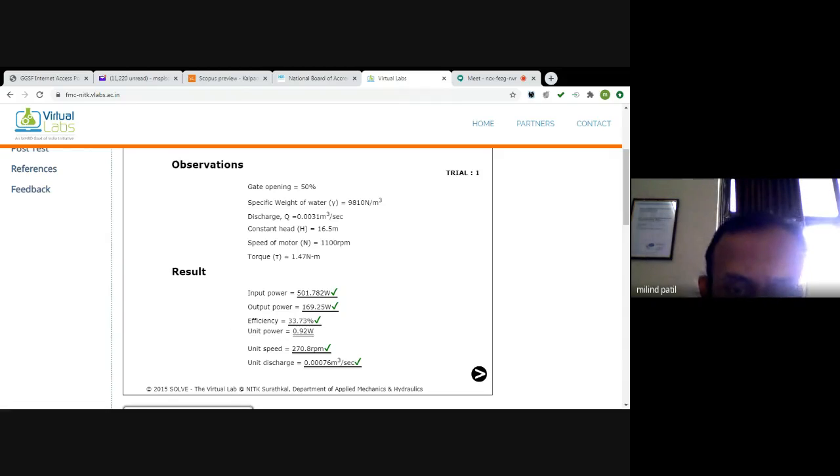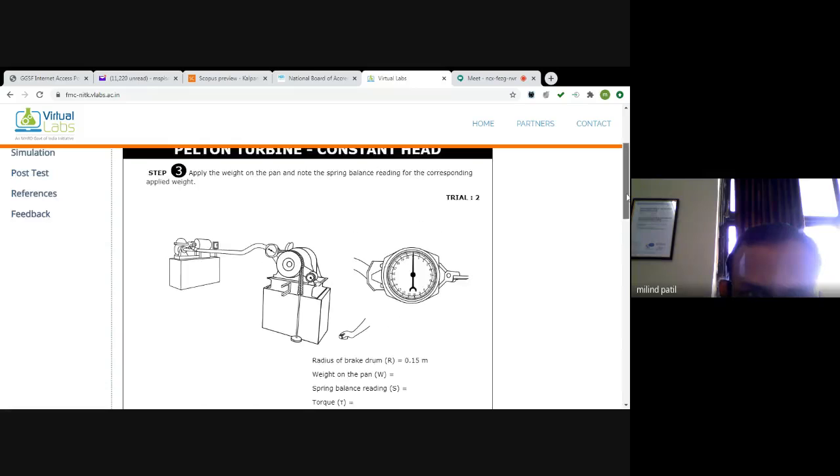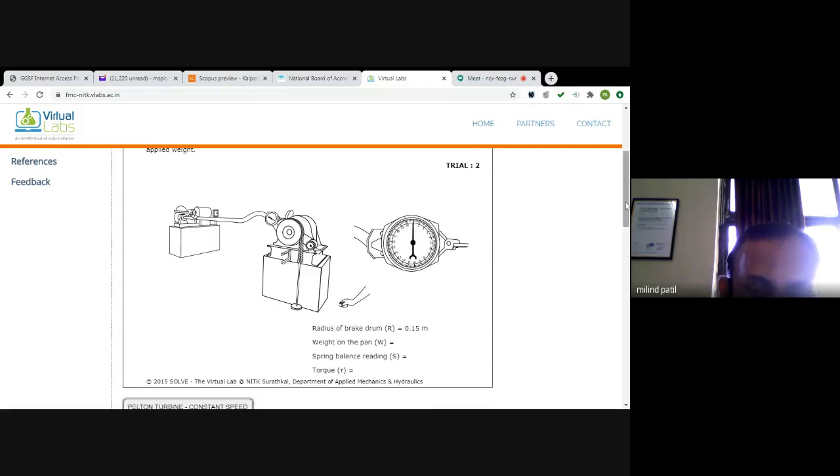So these are all the results available for this Pelton wheel trial. Click on the next button, and you will land on trial number 2. That's how we finished trial number 1.